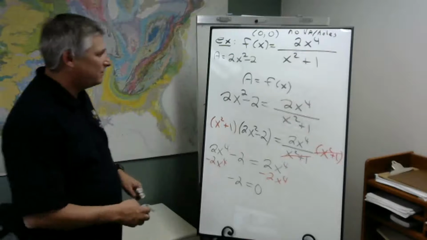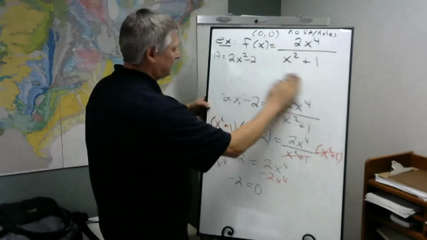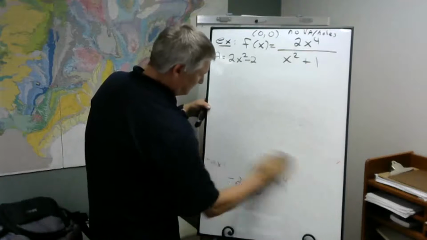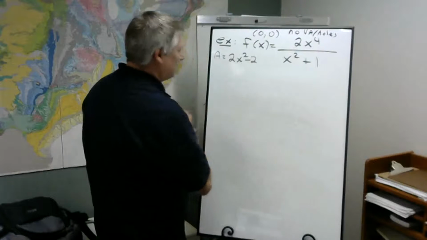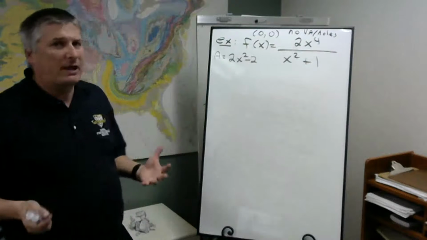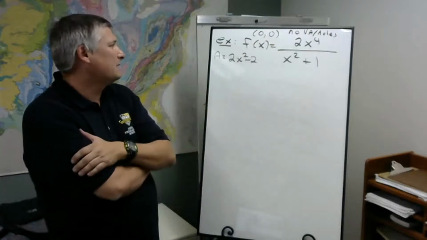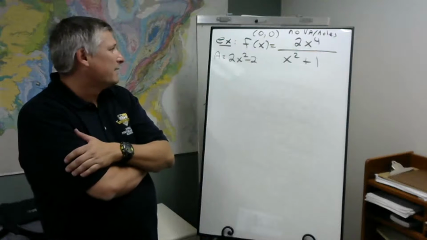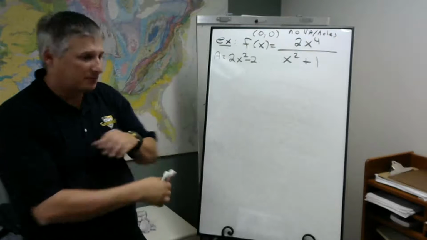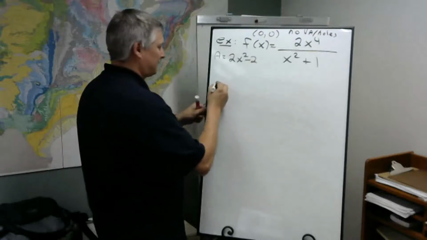So how do we graph this? Well, we have no vertical asymptotes or holes. We do have an intercept, an x-intercept. And now it's time for test points. Let's see what we got.